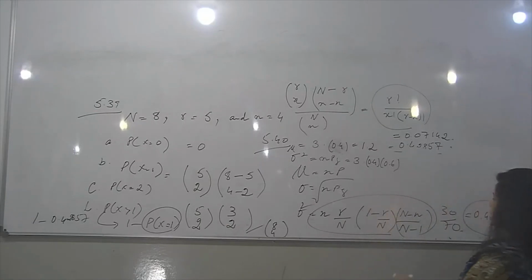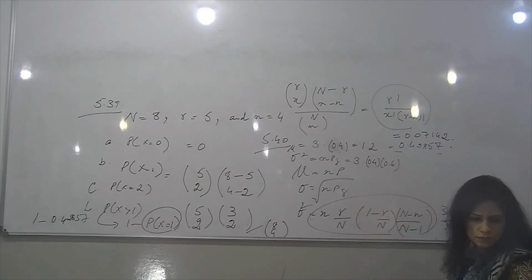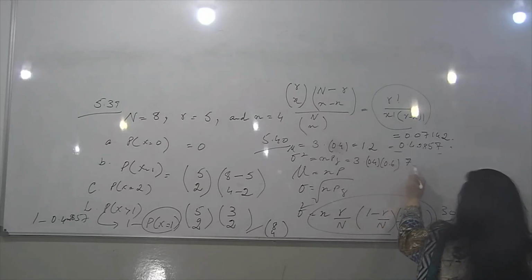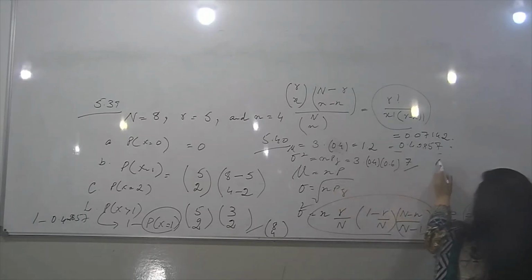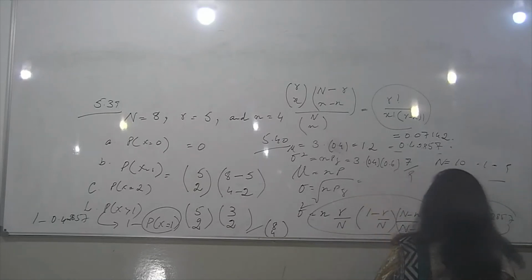So 10 minus small n, which is 10 minus 3, okay? So we have 7, so 7 by 9, because N minus 1, capital N is 10, so 10 minus 1 would be 9, 7 by 9. So now you have 0.4 into 0.6 into 3, and you have 0.72, and then 7 by 9.